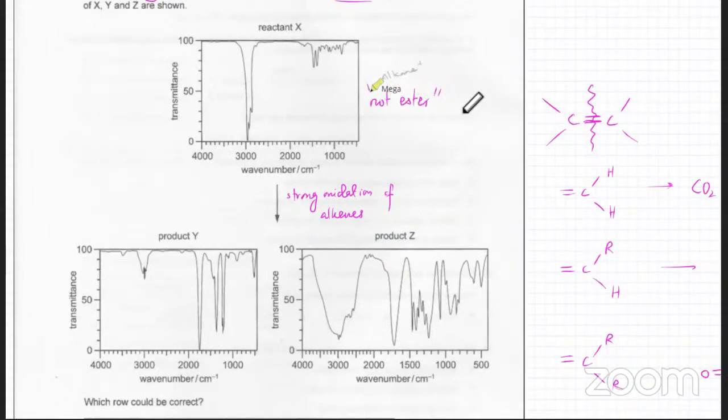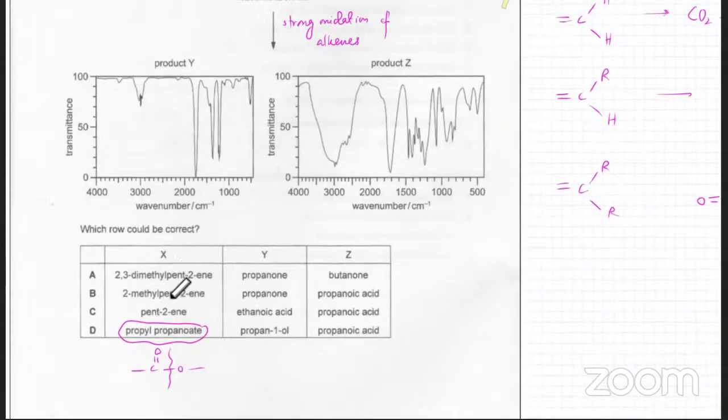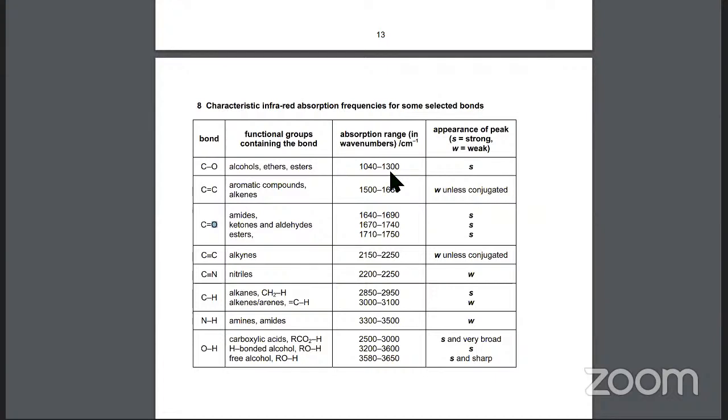Yes, sir. I said, then what are you getting? So it's definitely an alkene. The options that you have, it's definitely A, B, C, an alkene. I'm getting absorption at 1600, so that's definitely a C-double bond O. So I'm looking at the products now. This one over here is definitely C-double bond O, because that's what the data booklet said: C-double bond O, 1600 to 1700, strong absorption.